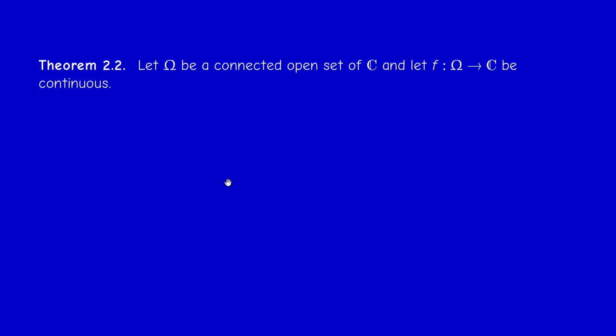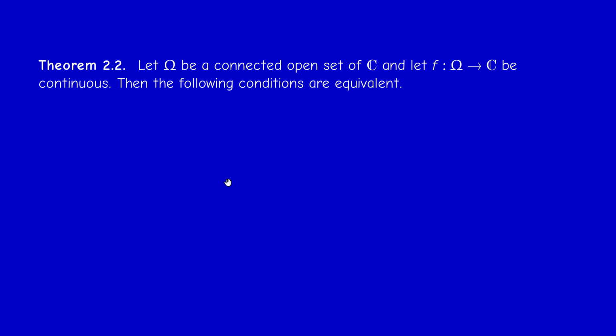The main theorem of this video now is Theorem 2.2. It establishes equivalences between 3 or 4 conditions. So, as usual, we have an open set, but I have to assume it to be connected, because otherwise we would have problems.